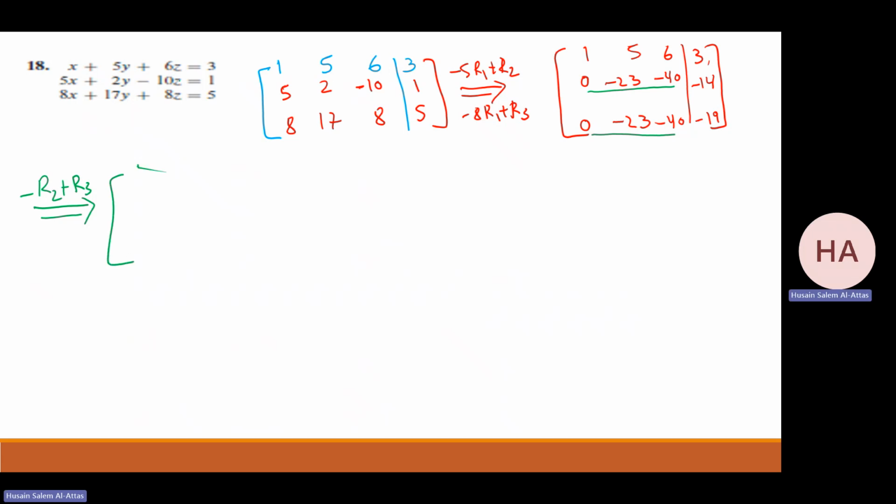So I have 1, 5, 6, 3. This one, I will not change it. I can divide by -23, but that will give me a fraction. I multiply by minus and add, that will be 0, 0. By minus and add, that will be -5.